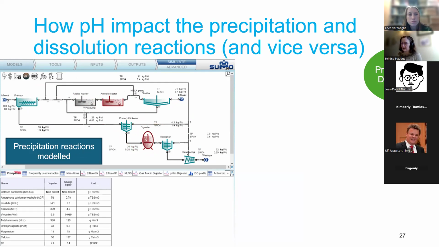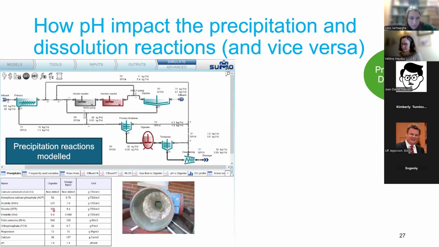In this digester, in this simulation, all the precipitation reactions are modeled. And we can see that we have quite a bunch of brushite and struvite here in the digester. That can lead to some scaling of the pipes and of the pumps and a lot of related issues. What should also be noticed here is that the phosphate concentration in the digester is pretty low.